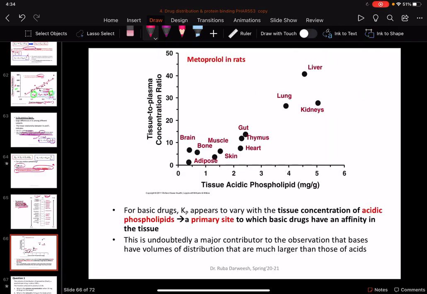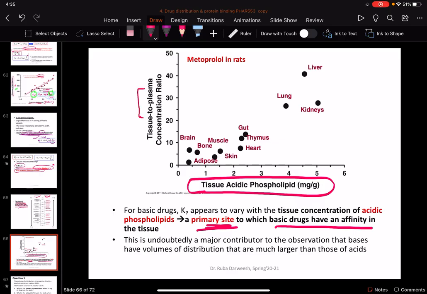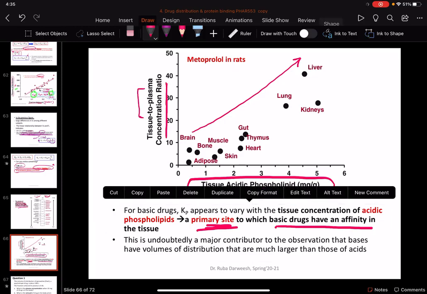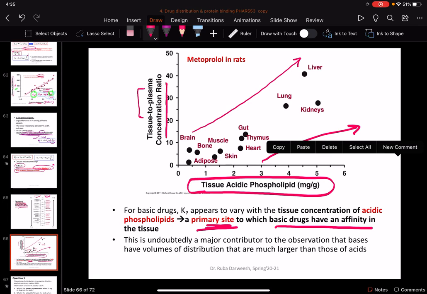Another thing, when they were analyzing tissue acidic phospholipids, which are the primary binding sites for basic drugs, and they measured the tissue to plasma concentration ratio, which is again the affinity or partition ratio, they found that the tissue to plasma concentration ratio increases with increasing concentration of that phospholipid.